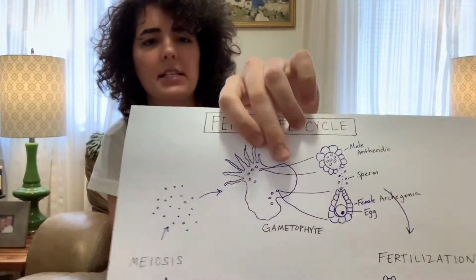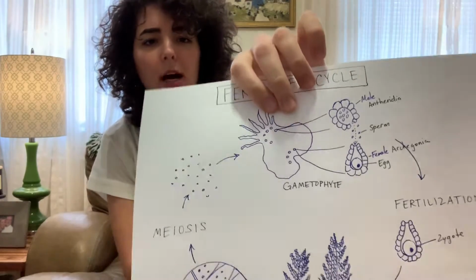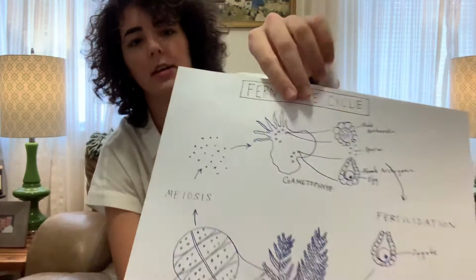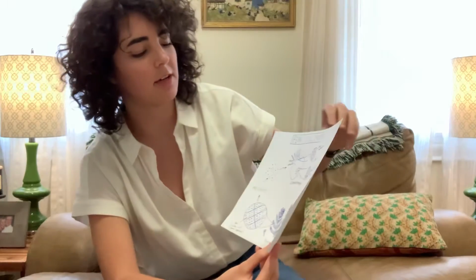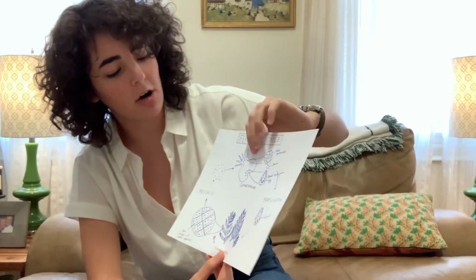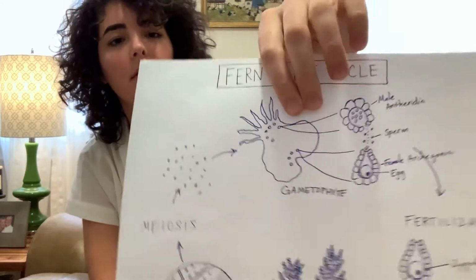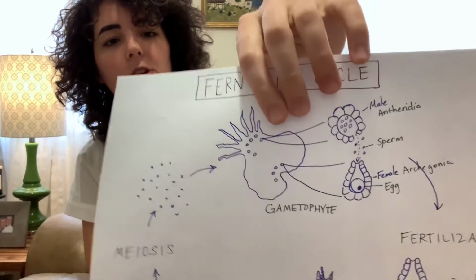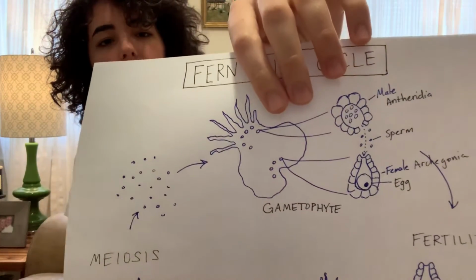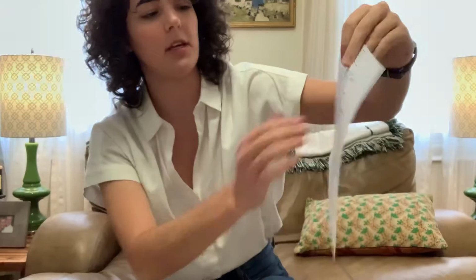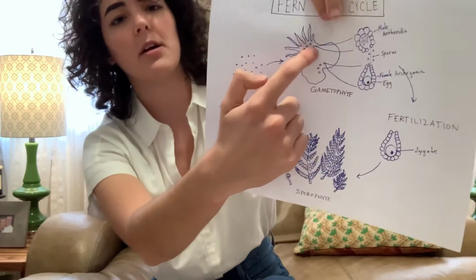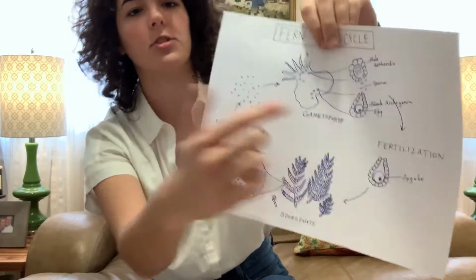And it's this teeny tiny little green lima bean looking thing. My drawings are not the best, but they'll do. And then on the gametophyte, you've got the male and the female structures, which are tiny little structures. The male are up here and the female's here, and this is kind of a zoomed in version.